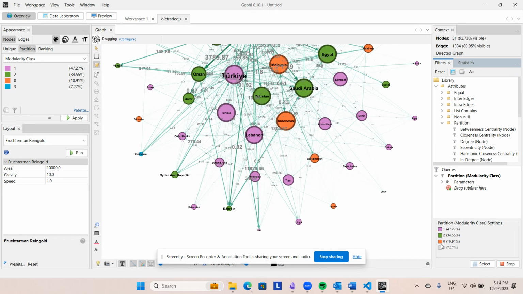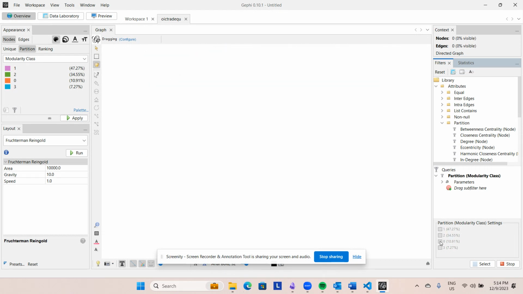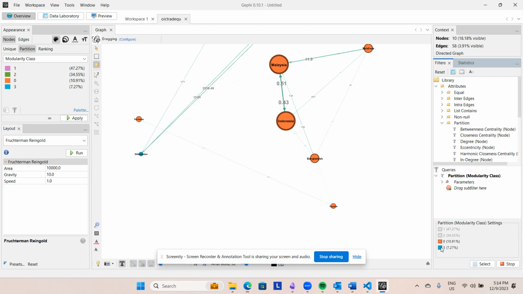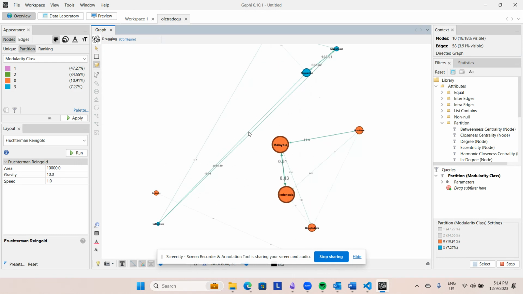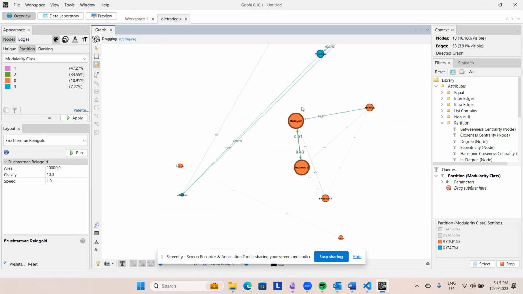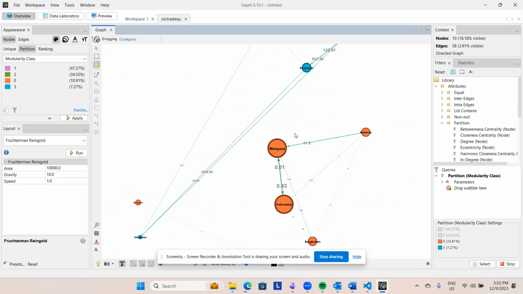We can select two different groups, not only one. For example, let's see the connection between the orange group and the blue one. Of course, they have a connection, but not as much as we see elsewhere. We can say it should be improved.